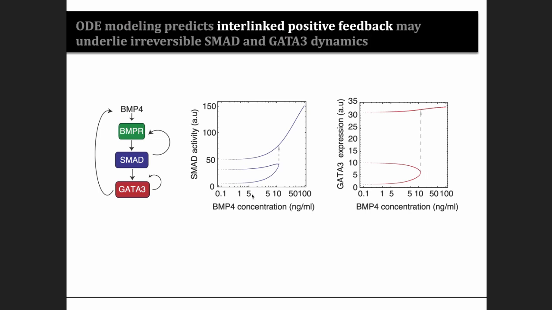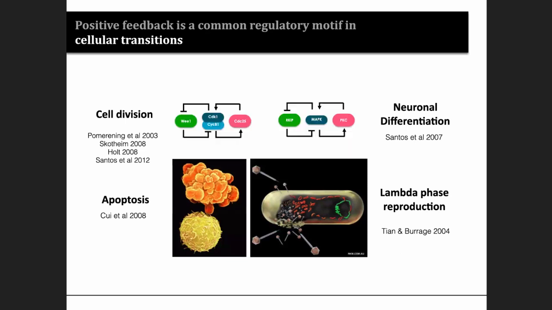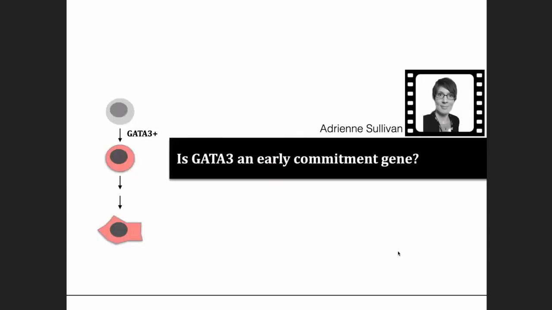So as you activate the pathways with a little bit of BMP, even if you remove BMP to zero, these signaling pathways are going to be on, and the same with expression of GATA3. Now, positive feedback is obviously a common motif in cellular transitions, and so we were excited to see that potentially this is what gave rise to a switch-like irreversible transition and commitment to differentiation.